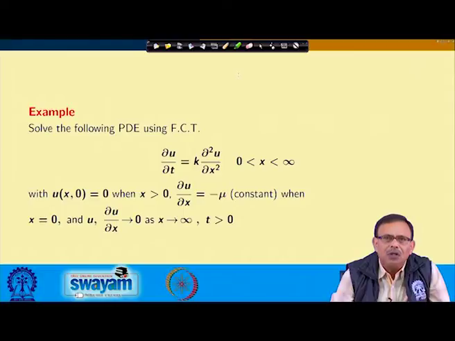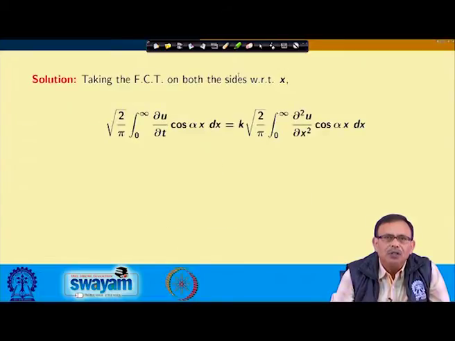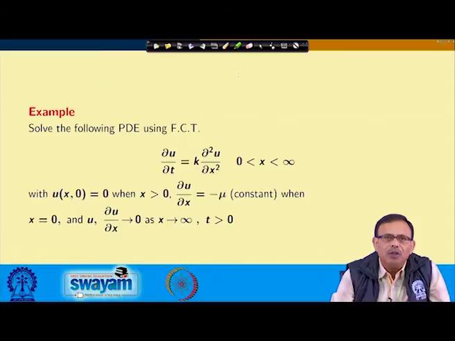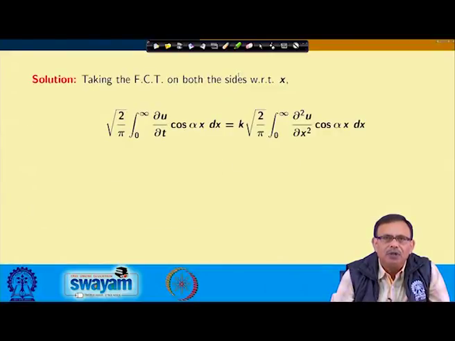Given these conditions, and since x ranges from 0 to infinity, we will use the Fourier cosine transform. Whenever the problem is given, you apply the Fourier cosine transform on both sides of the given equation.